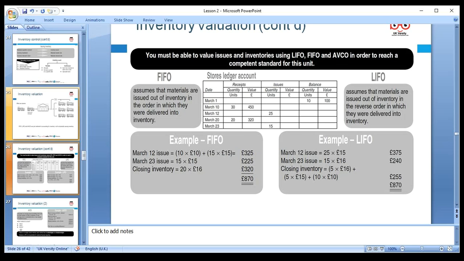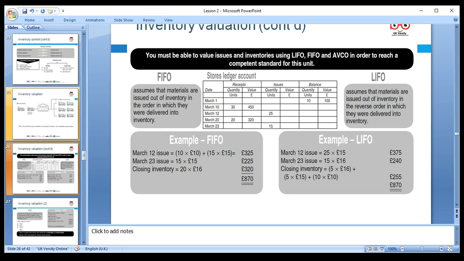Out of 60 we issued 40 units, so 20 units are left, the whole box left. If we look, the total value of inventory is 870. And if we subtract 325 and 225, the remainder will be our closing inventory.